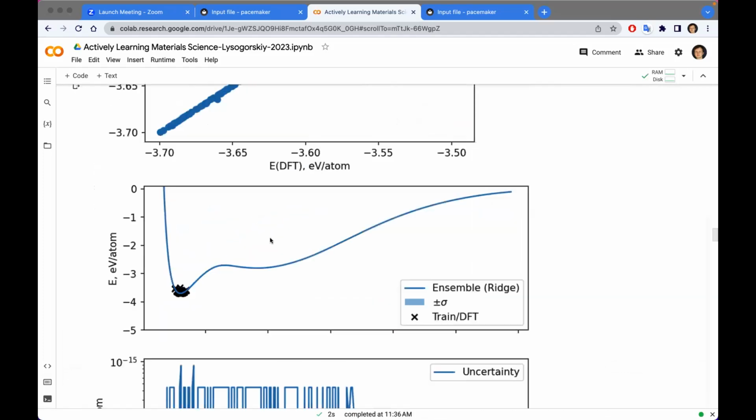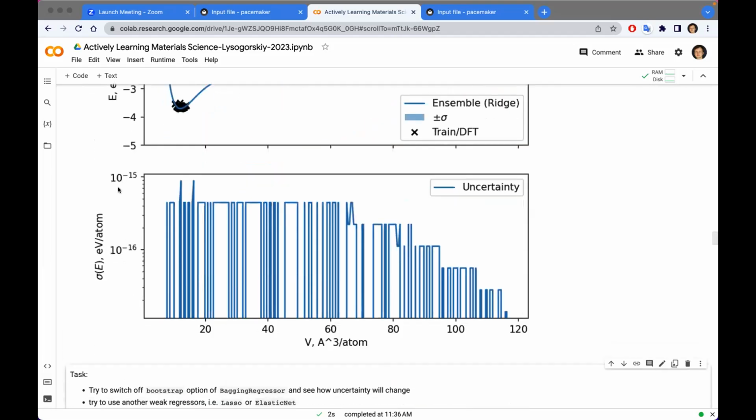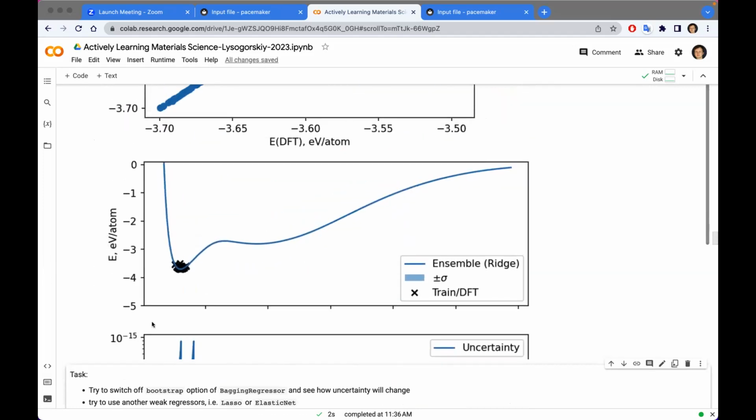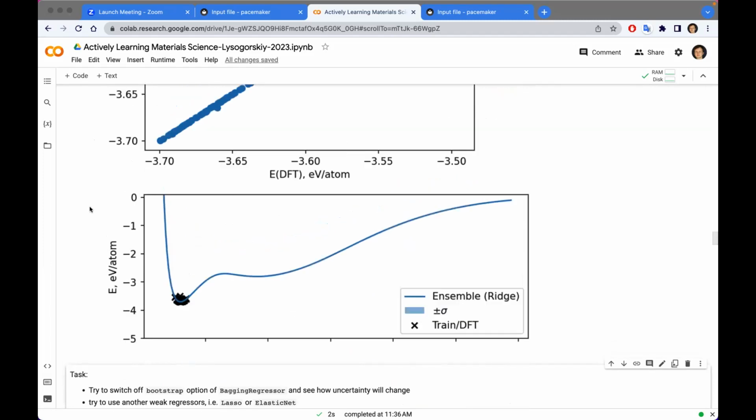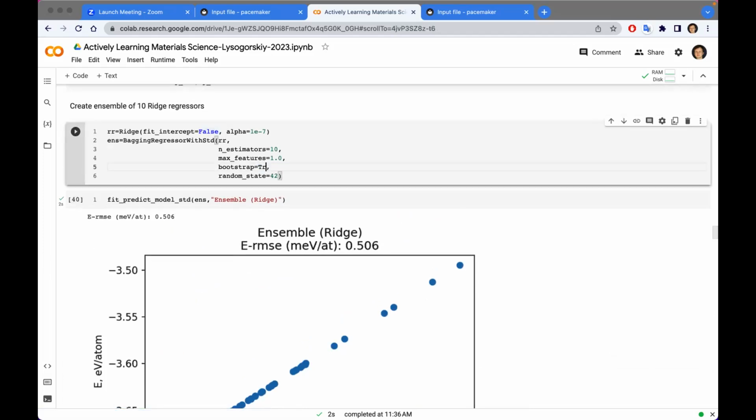Again, we have perfect agreement between train and test. But if you look at the sigma, it's numerical noise, 10 to minus 15. So no disagreement because we did not randomize our training data. The average prediction is still similar to what we had before, but now we have no uncertainty. So that's why diversity matters. I put it back to true.